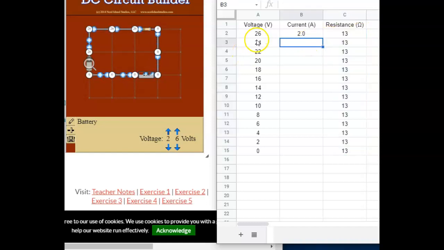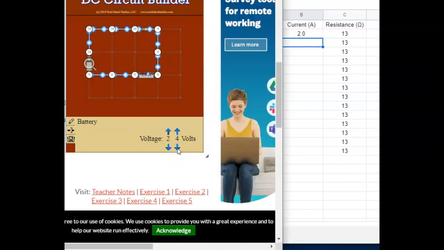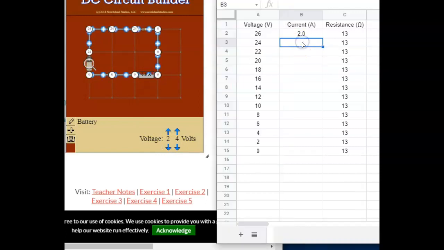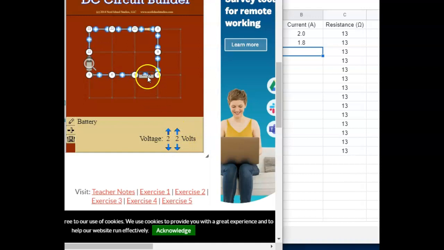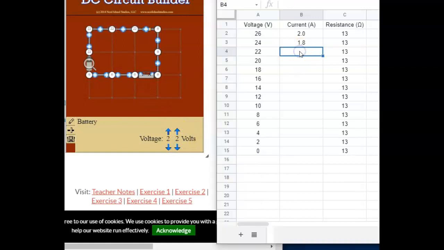All right, so let's go in and make the measurements, make these changes. So here, if I reduce the voltage by 2 volts, now we come up with 1.8. Okay, so 1.8. Reduce it 2 more to 22, that's 1.7.